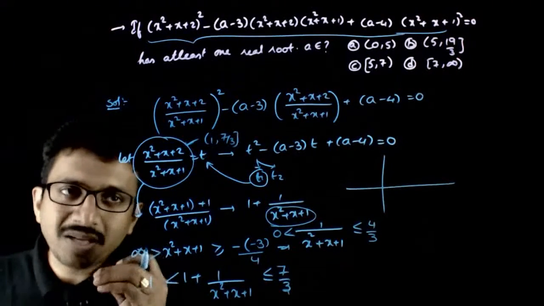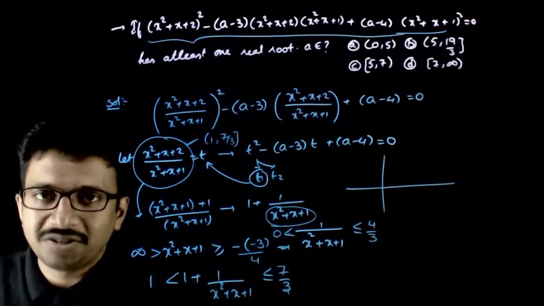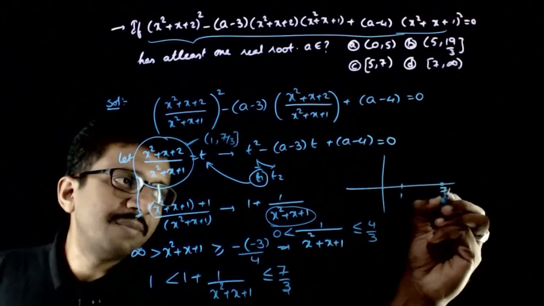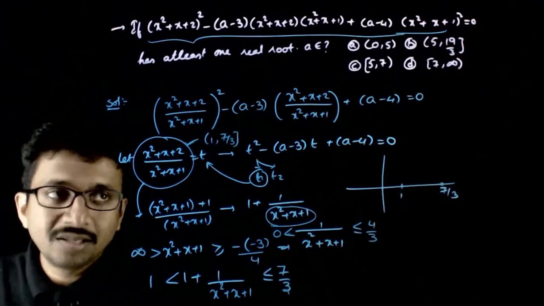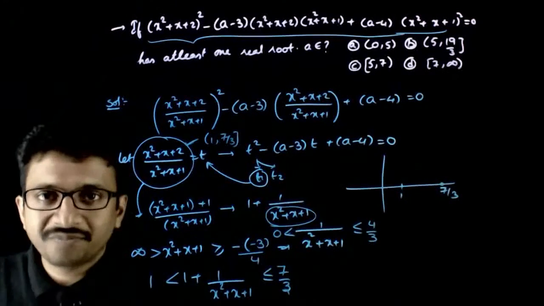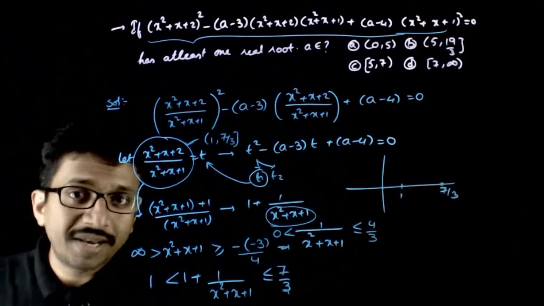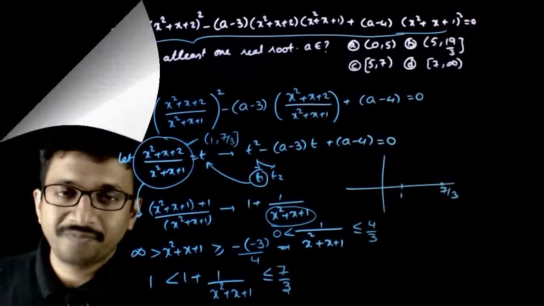If you want at least one real solution, one of t1 and t2 has to lie in this range, that is 1 to 7/3. At least one of the solutions should lie in this range. So what should be the values of a which ensure that at least one solution lies in this interval? You can have both the solutions in this interval or at least one.